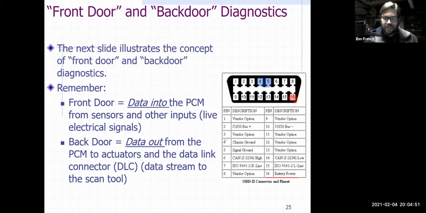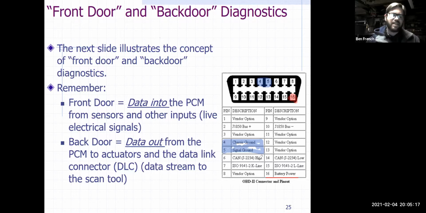So if I've tried a couple of scan tools and they don't communicate, my next step is I'm getting out my meter and I'm checking these pins 16, 4, and 5 to see if I have power and grounds where I'm supposed to have power and grounds. That's really important.